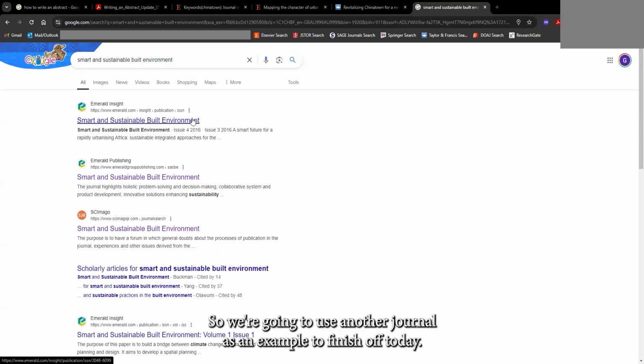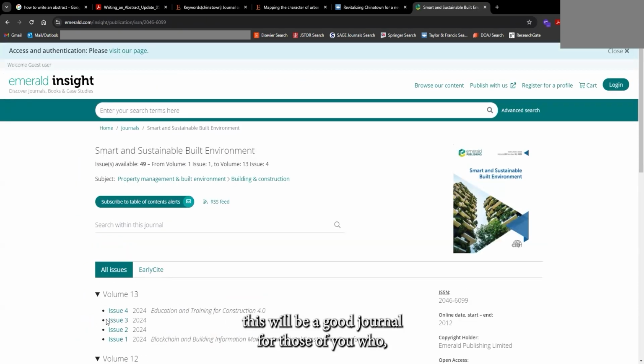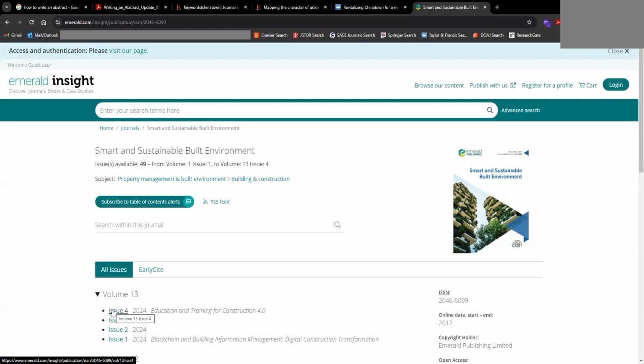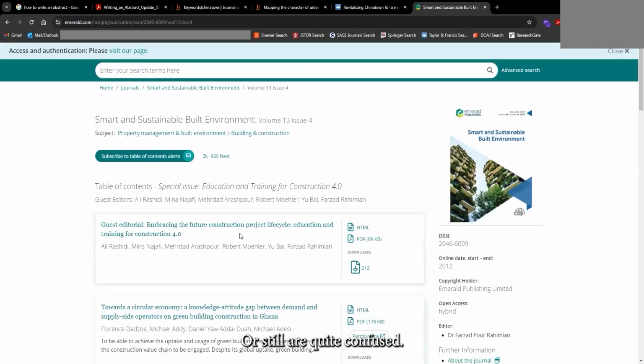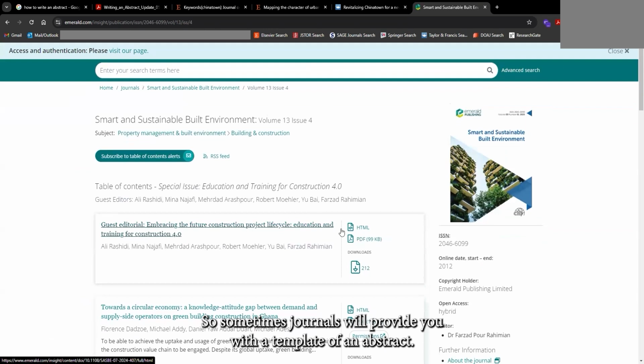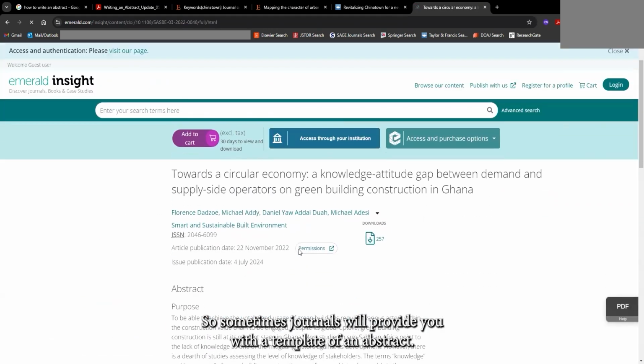Okay, so we're going to use another journal as an example to finish off today. This will be a good journal for those of you who might not be very familiar with how to write one or are still quite confused. Sometimes journals will provide you with a template of an abstract.